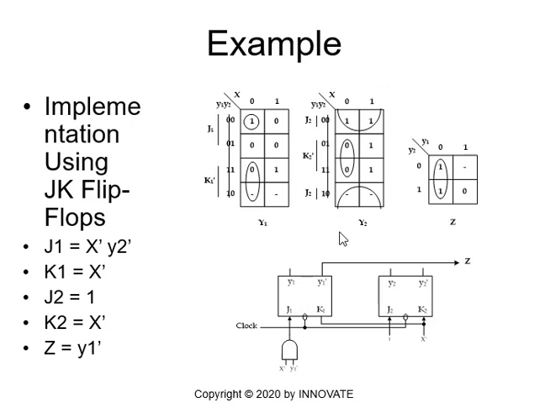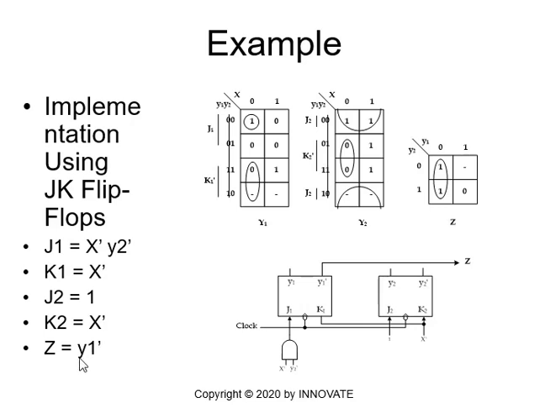I will go to the inner 4 cells to find K2, and then simplify for the zeros, so I will get x prime. So K2 will be x prime, as you see it.